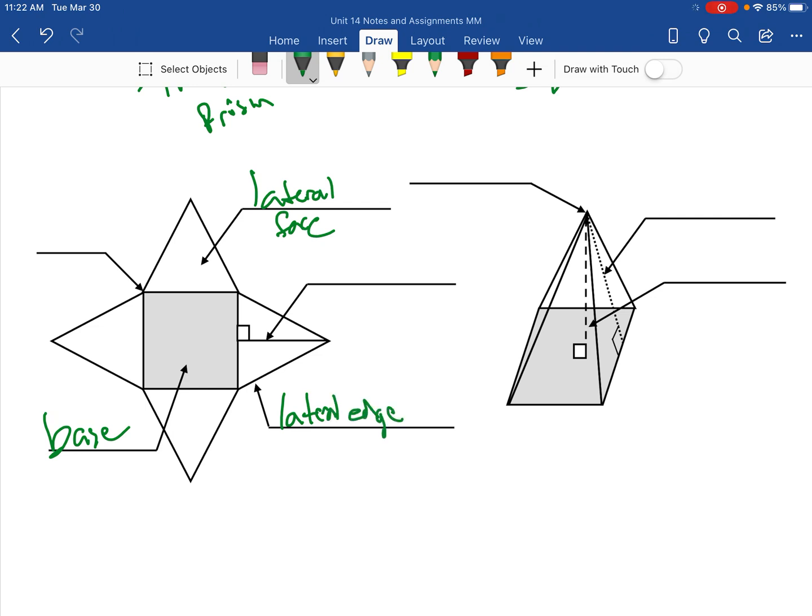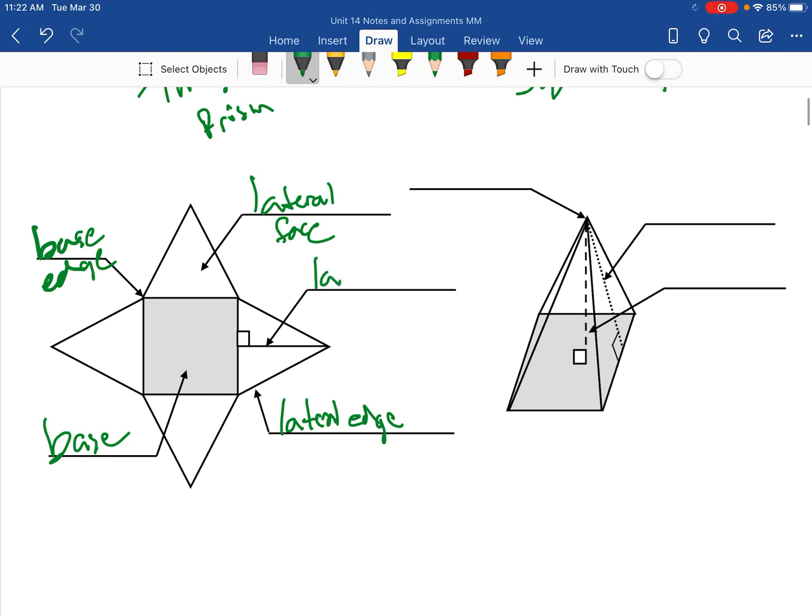This looks like it's pointing to a vertex, but we're going to say this is a base edge. Now, the height of a lateral face is called the lateral height. So the height of a triangle that is the lateral face is a lateral height. That's very important because with a pyramid, we're going to have more than one height.